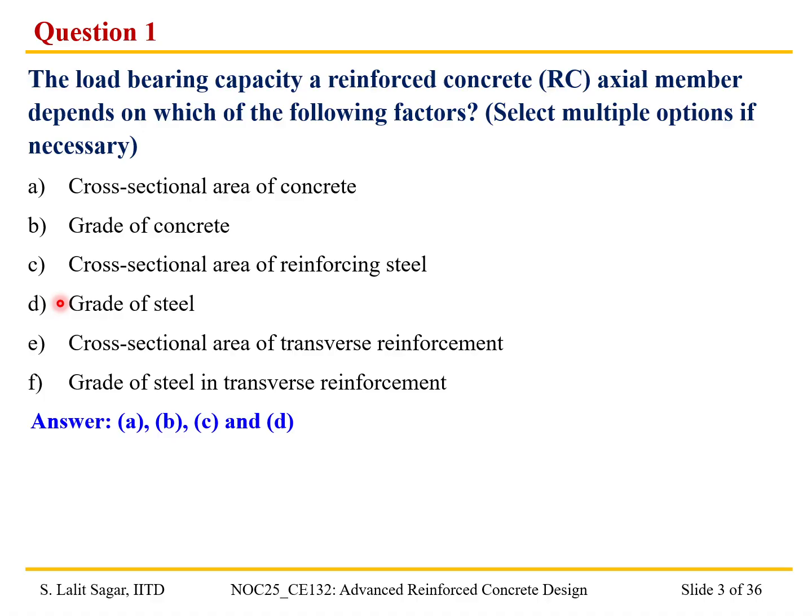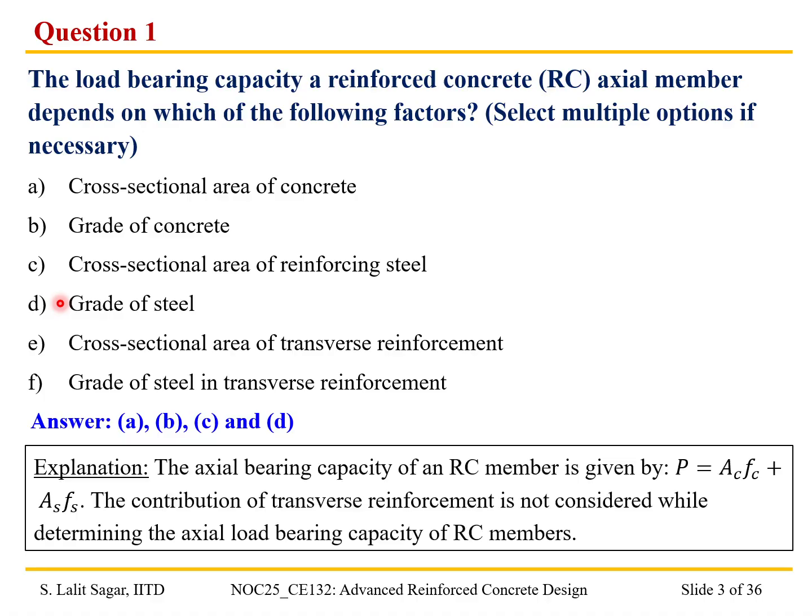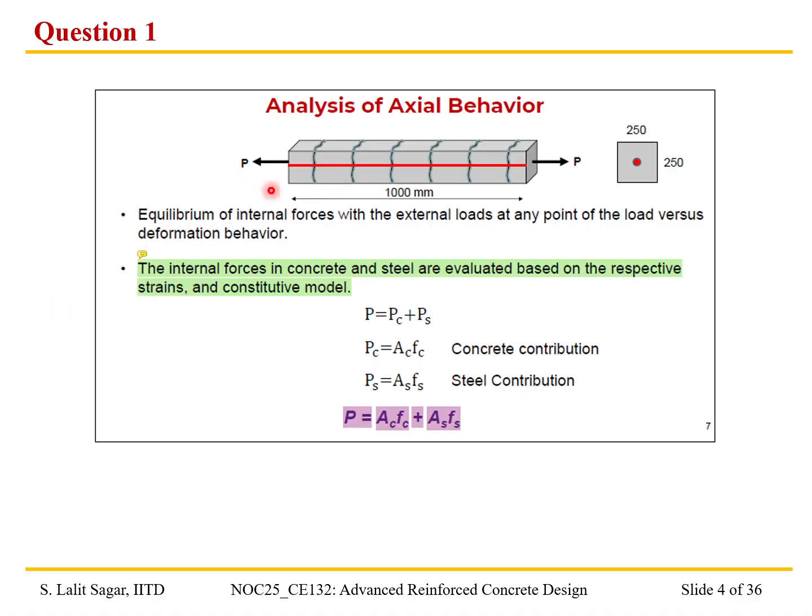We can see in the equation which I'm going to present in the next slide also. This has been taken from the lecture slides. Here the actual load capacity of a reinforced concrete member is given by AC into FC plus AS into FS, where AC is the area of concrete, FC is the stress in concrete, AS is the area of reinforcing steel, and FS is the stress in the reinforcing steel.